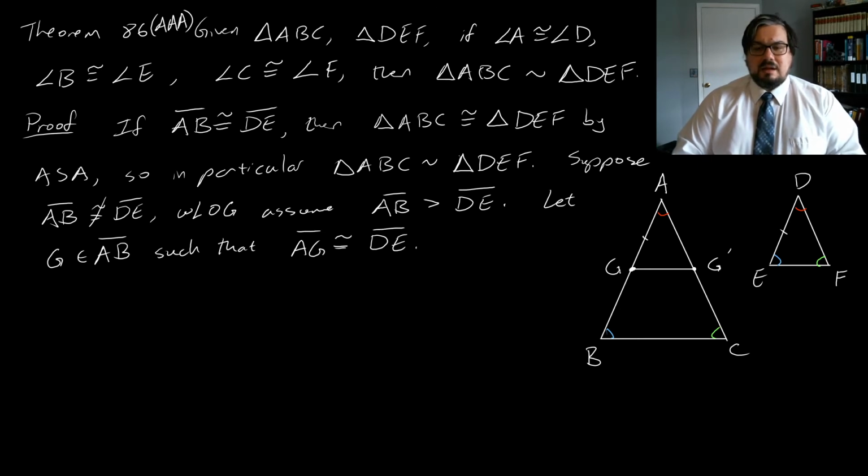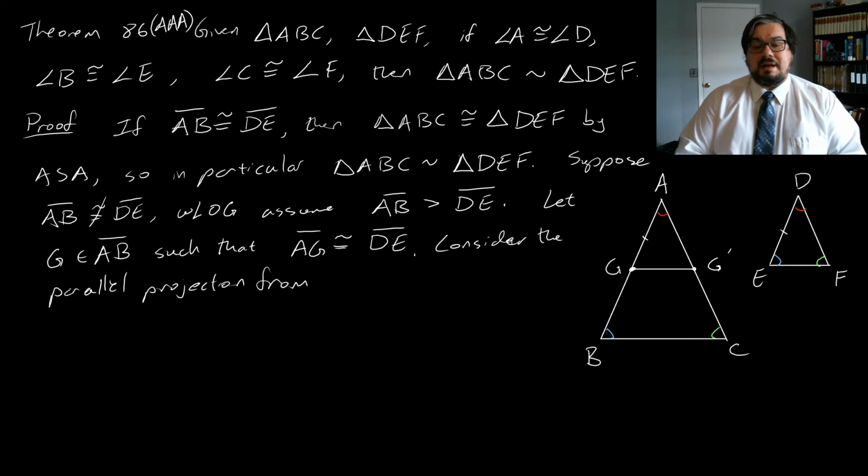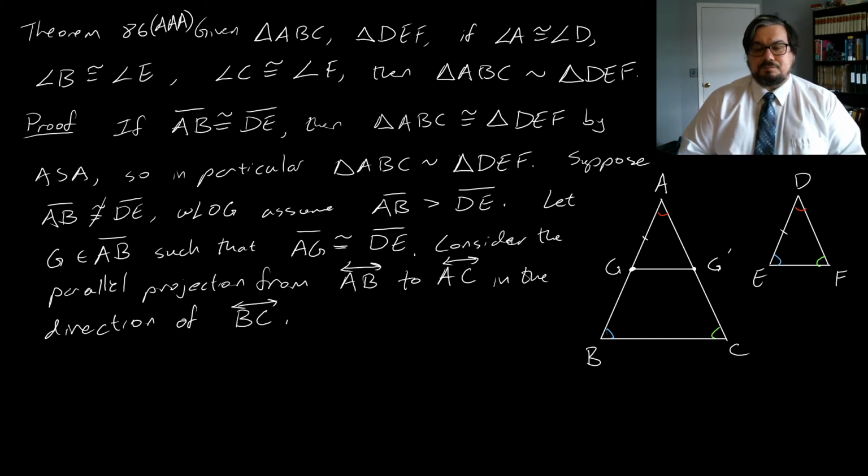Now, consider the parallel projection from the line AB to the line AC in the direction of the line BC.